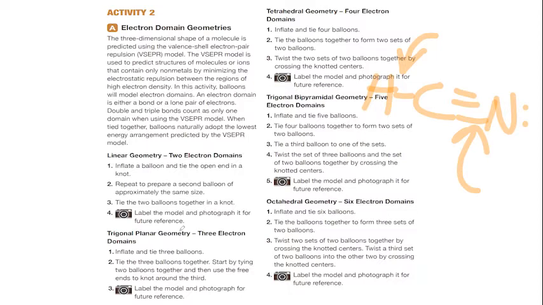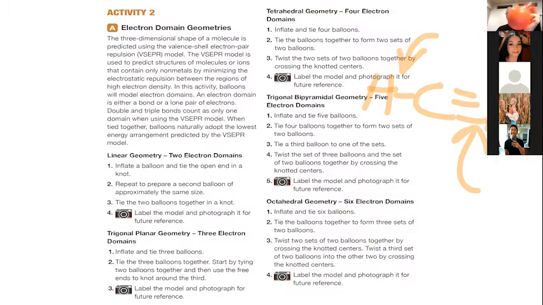What shape is that? So what shape would we say that is? This straight line shape. Linear, exactly.